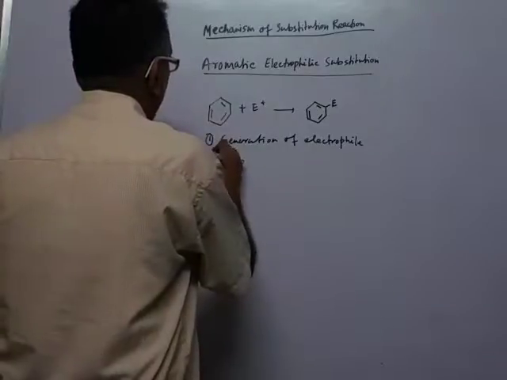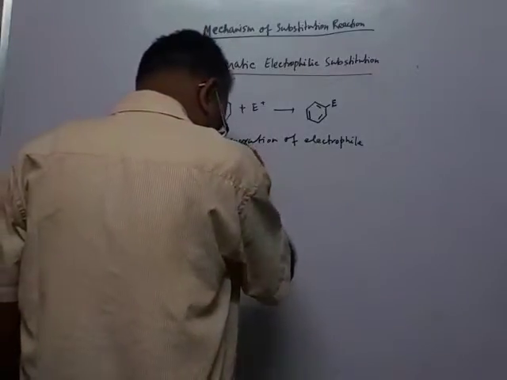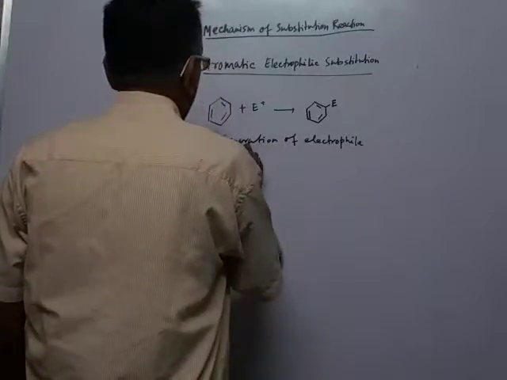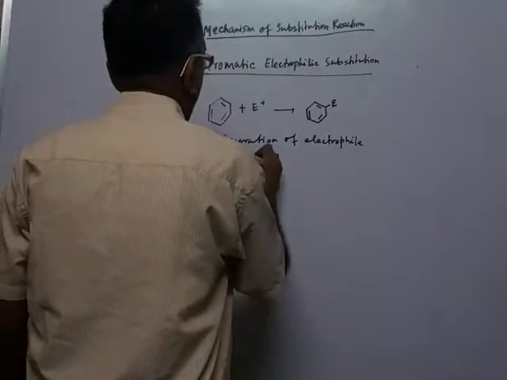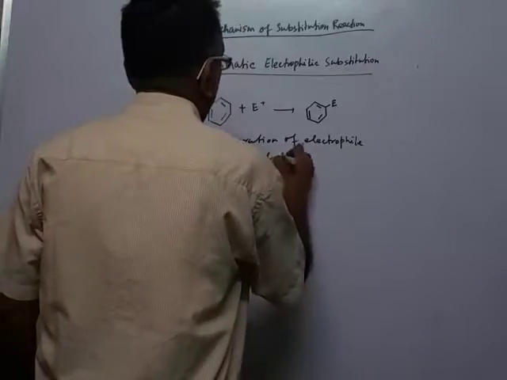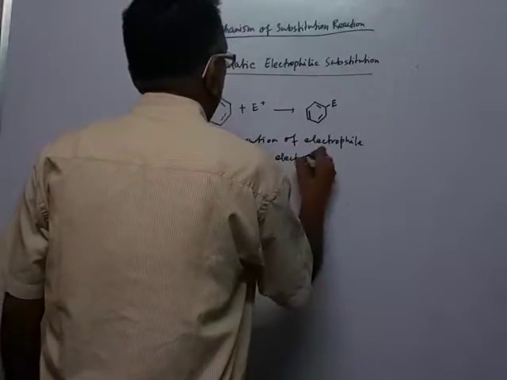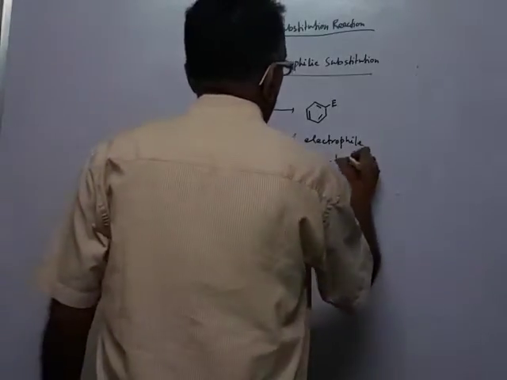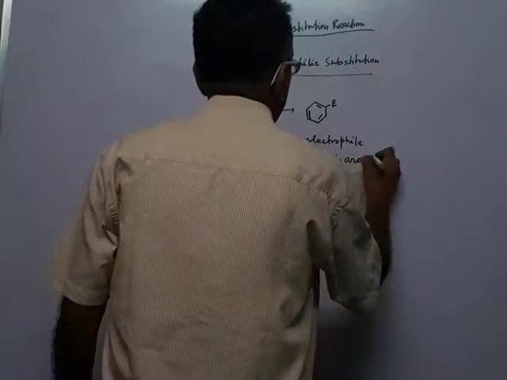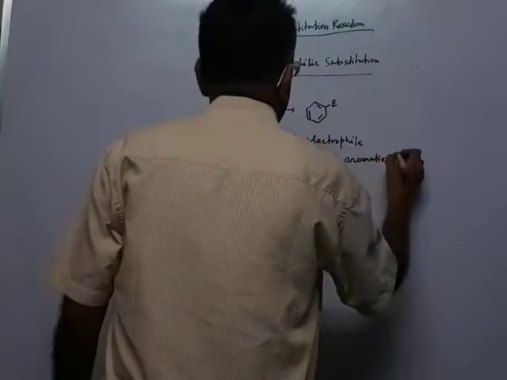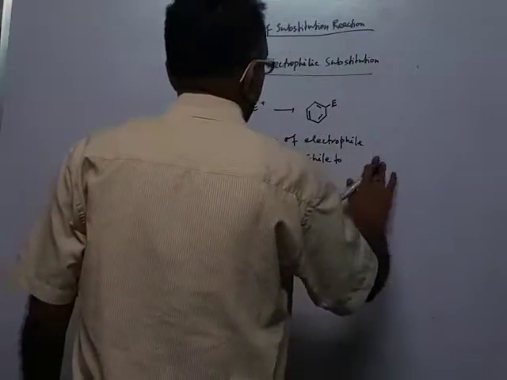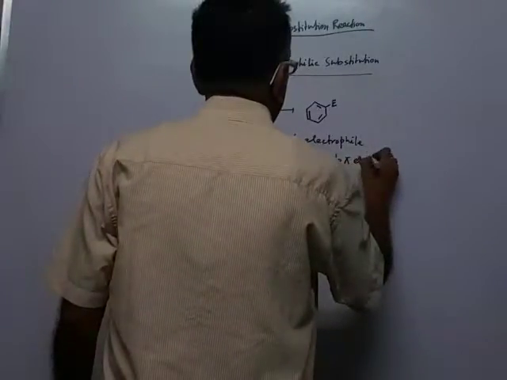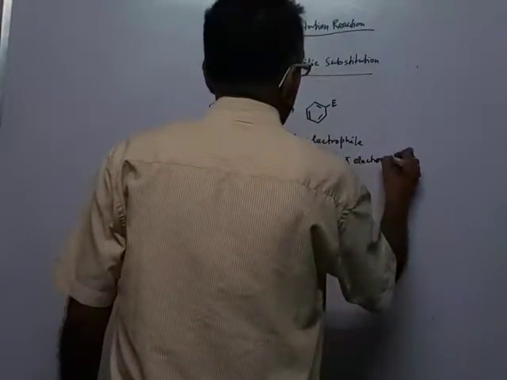Number two is the attack of electrophile to aromatic or pi electron system.